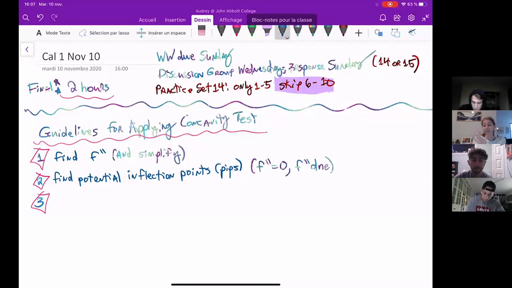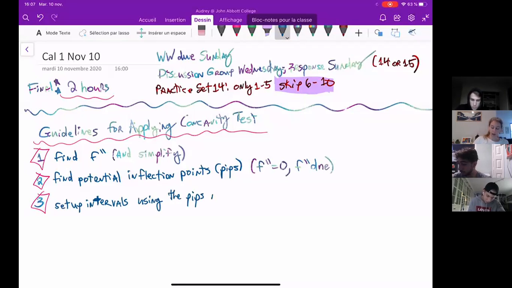Then we do the same thing as we did for the increasing decreasing test. We create a table of values. So we set up intervals using the pips, and we find the sign of f double prime on each interval.